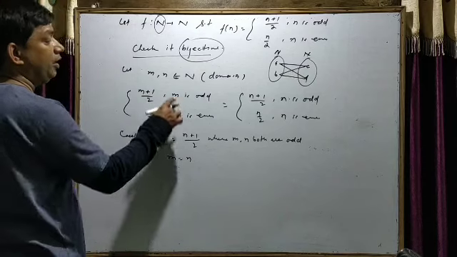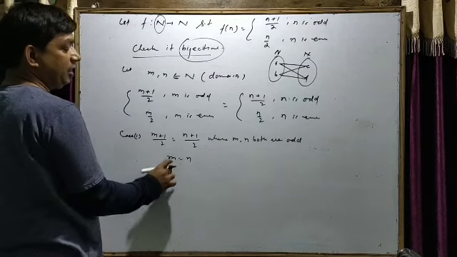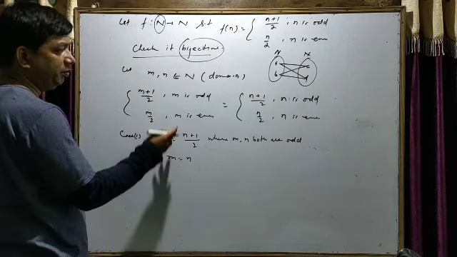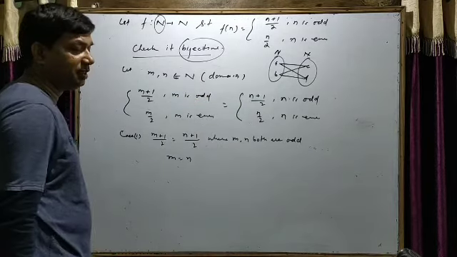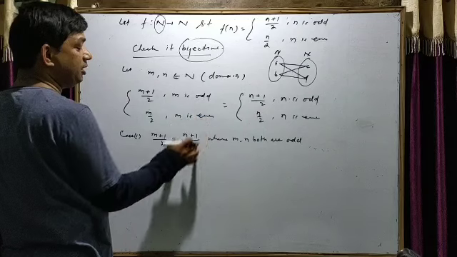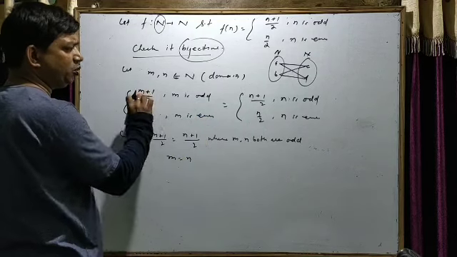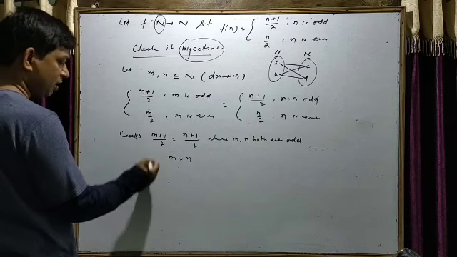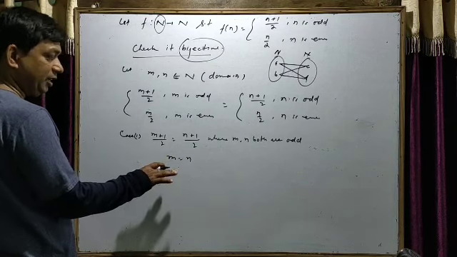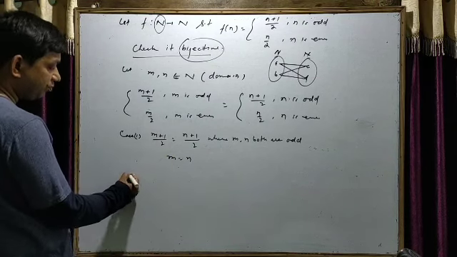If the images are equal, the elements are equal. That means two distinct elements have two distinct images. Up to here it is correct, it is one-one.